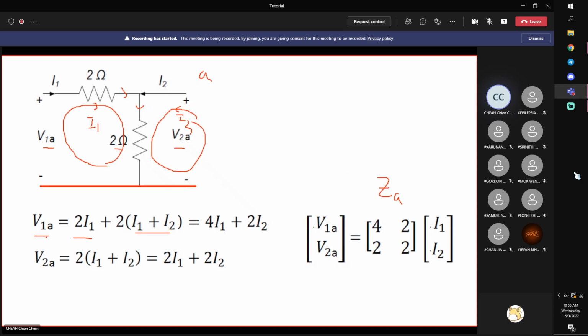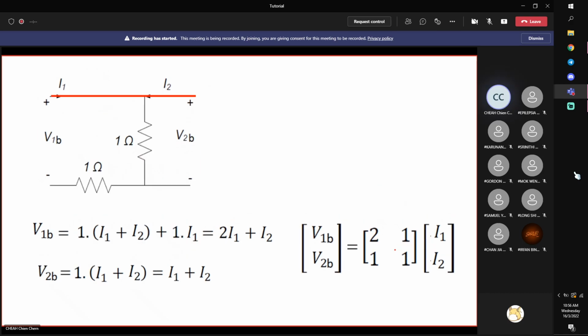So you get the equation in impedance form: V1A is equal to 4I1 plus 2I2. Given I1, I2, find V1 of circuit A. Next, take Kirchhoff's voltage law at these terminals. V2A is equal to this, which is the same as this, a common terminal, common branch, so they share the same voltage, and it's equal to 2I1 plus I2. Therefore, I get the equation in impedance form. This is my ZA, the impedance for circuit A.